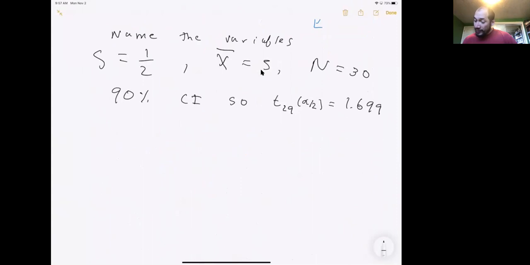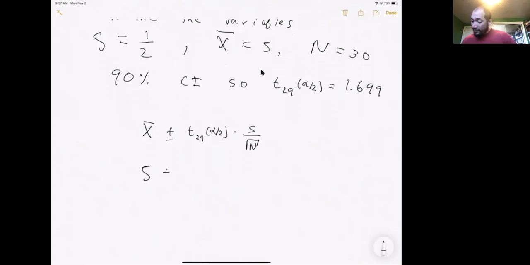So in order to calculate this confidence interval, I'm going to do x bar plus or minus t with 29 degrees of freedom of alpha over 2 times s over root n, and we're just going to plug in this information. So I'm going to have 5 plus or minus 1.699 times s, which is 0.5, divided by root 30. We need to determine the plus and the minus of this, and then we've found our confidence interval.